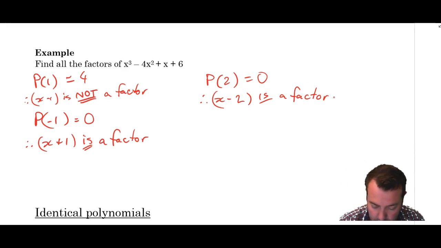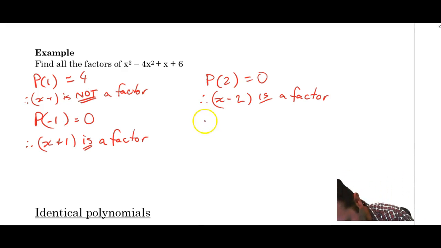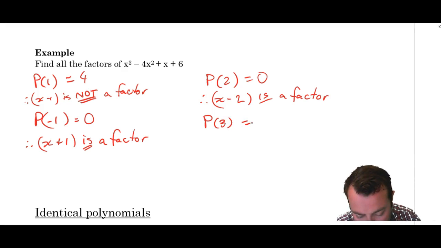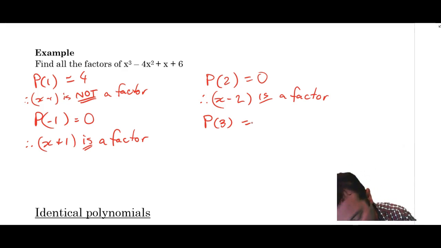So 1 by -2 times what equals 6? -3, I reckon. So let's try a polynomial of 3. We'll just see if there's any remainder here. And 3 cubed minus 4 lots of 3 squared plus 3 plus 6 equals 0. X minus 3 is a factor.